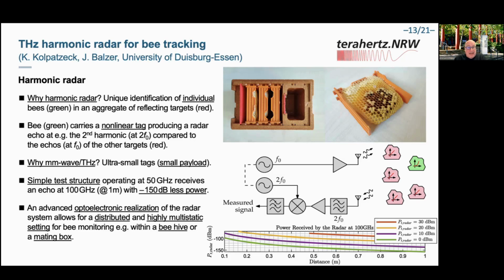And why use this kind of harmonic radar for bee tracking? Harmonic radar tracking in radar entomology is not that new, it's already used. But at terahertz frequencies, we can have a very small tag. That also means a very small payload for the individual bee, and this individual bee might therefore be detectable even within a scattering environment consisting of other bees.